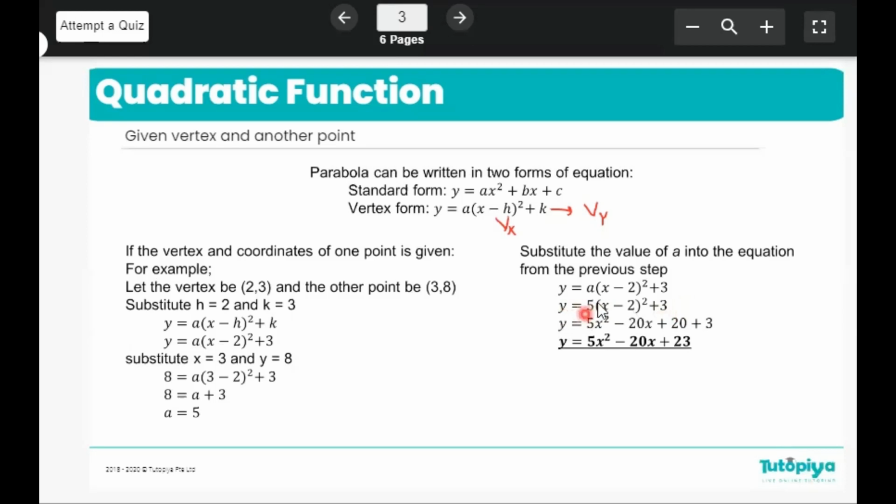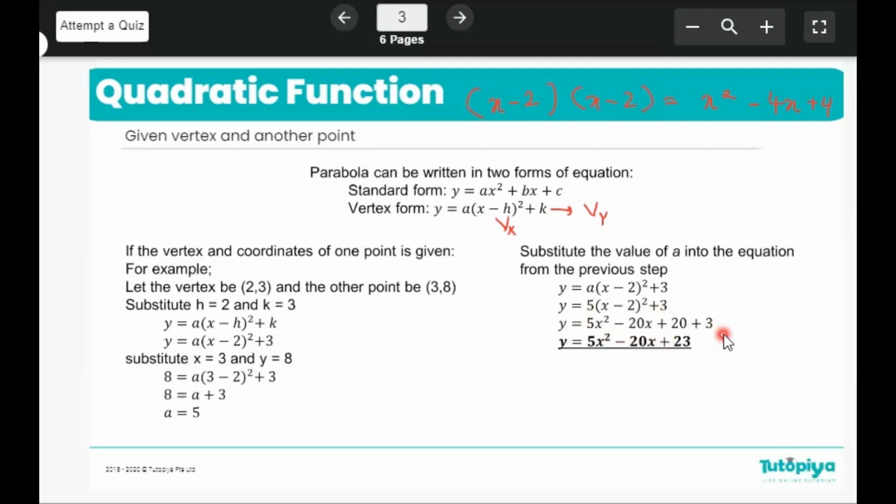So we can multiply 5 by (x minus 2) squared. To work out what (x minus 2) squared is, we can do this separately. So (x minus 2) times (x minus 2), and we would get x squared minus 4x plus 4. And we can multiply all of that by 5 to get 5x squared minus 20x plus 20.